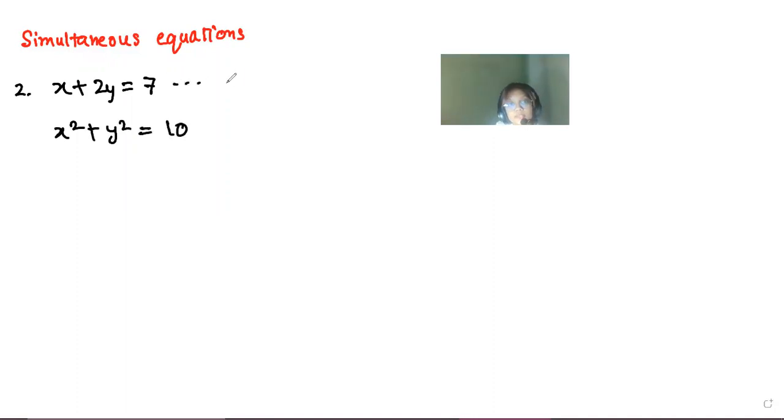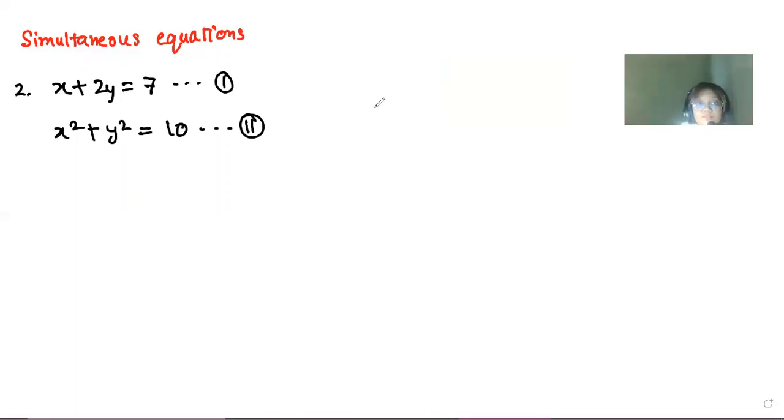So let's assume that this is our first equation and this is our second equation. In our first equation, let's make x the subject. This is easier because x does not have any coefficient like y has 2 in front of it. So we can just write x is equal to 7 minus 2y.